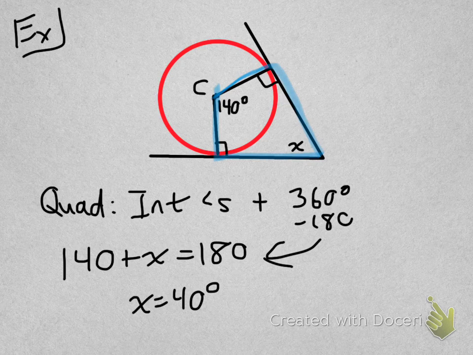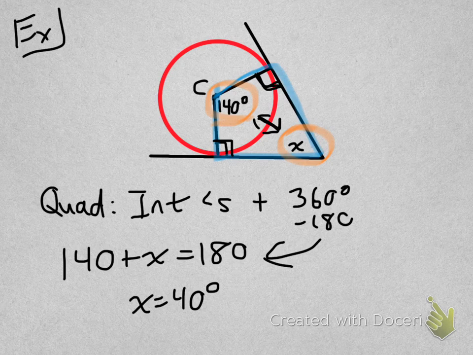So you can even skip this step here and just say, well, these two angles here must be supplementary at all times because the other two are always going to be 90 degrees. Okay? So we can say that these ones here are supplementary, leaving us with x equals 40 degrees.